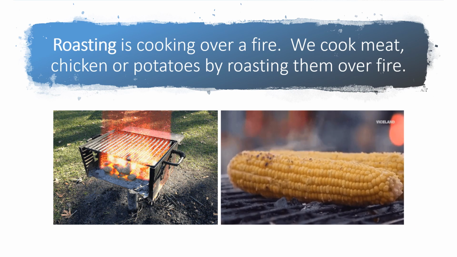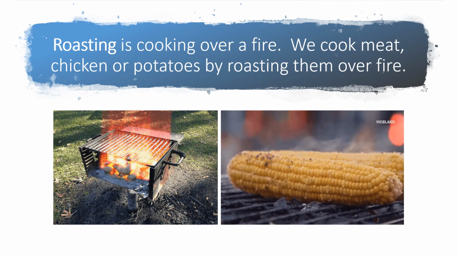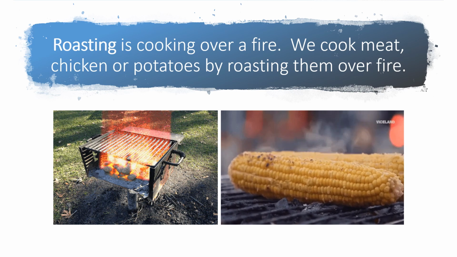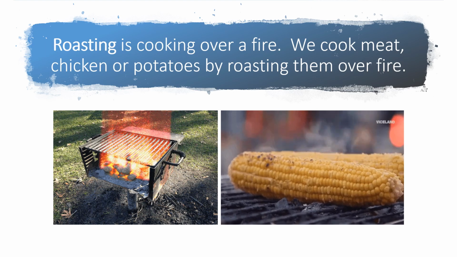M-E-A-T, meat. C-H-I-C-K-E-N, chicken. P-O-T-A-T-O-E-S, potatoes. T-H-E-M, them. O-V-E-R, over. I'll read it out once again. Roasting is cooking over a fire. We cook meat, chicken, or potatoes by roasting them over fire.